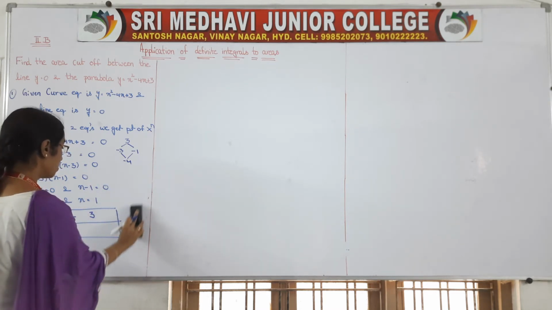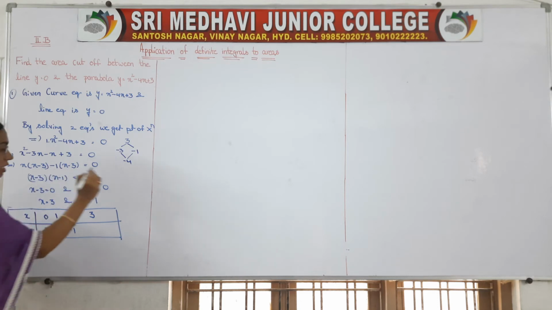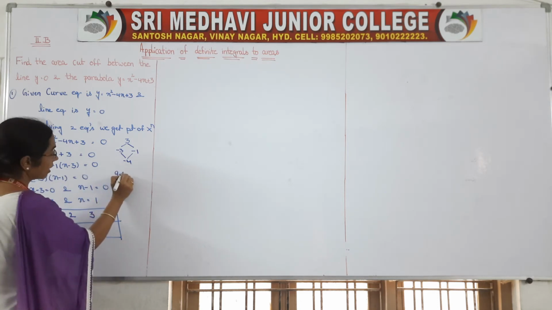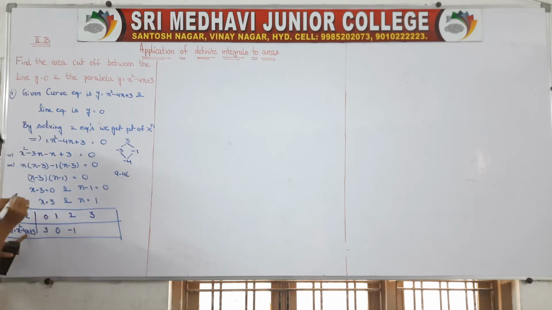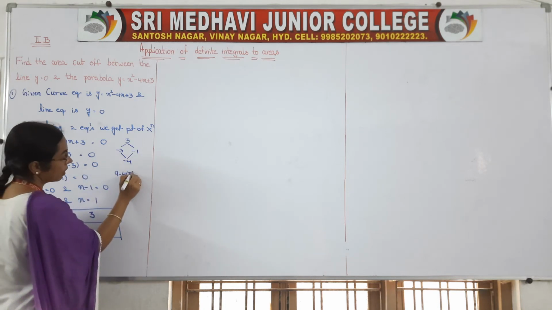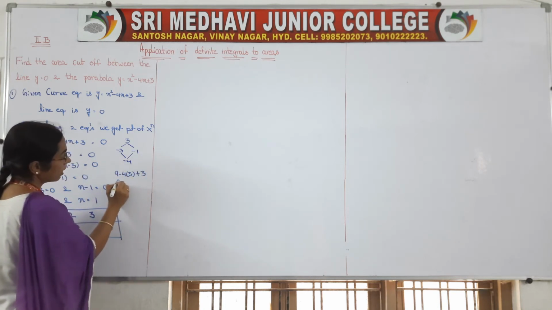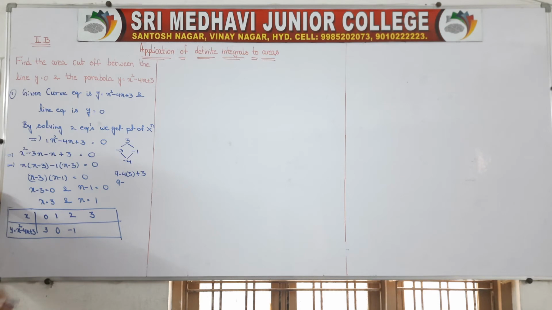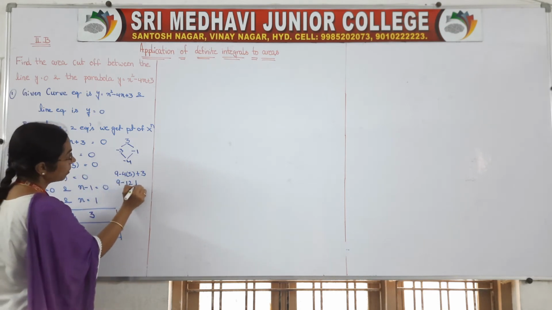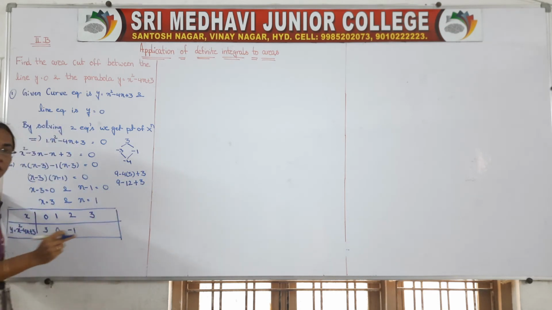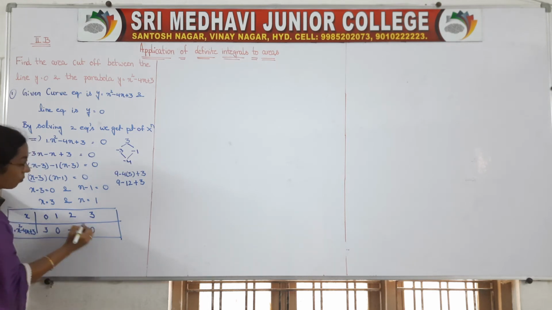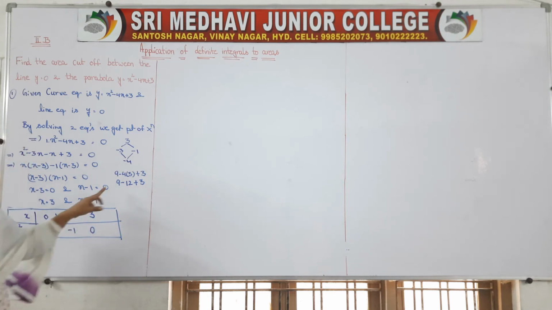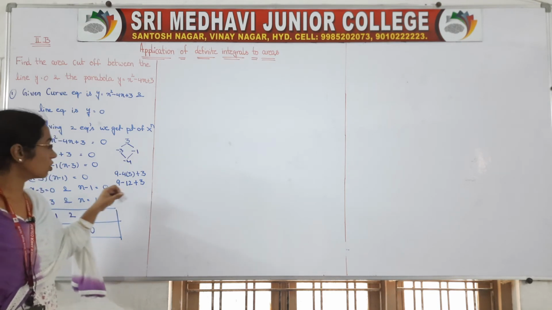Substitute in this equation: 3 square, 9, minus 4 into 3, 12, plus 3. 9 plus 3 is 12. 12 minus 12, it is 0.